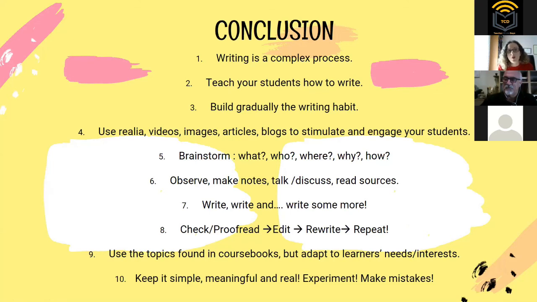Do that from day one, not from day 365. You can use practically anything, from a simple poster, a simple card, realia, videos, images, articles, and blogs to stimulate and engage your students, and of course generate ideas.